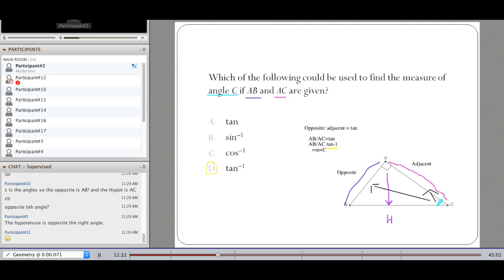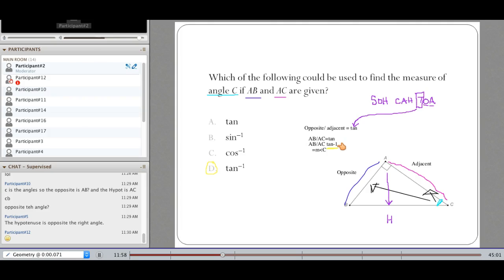Most of the time in this class, I don't worry too much about your spelling as long as I can tell what you're trying to tell me. But here, if you don't know how to spell SOHCAHTOA, then it doesn't help you too much. So make sure that you spell that correctly, because the O and the A, which stand for opposite and adjacent, are next to the T. That's how Amelia knew to use tangent. And then she plugged it in.